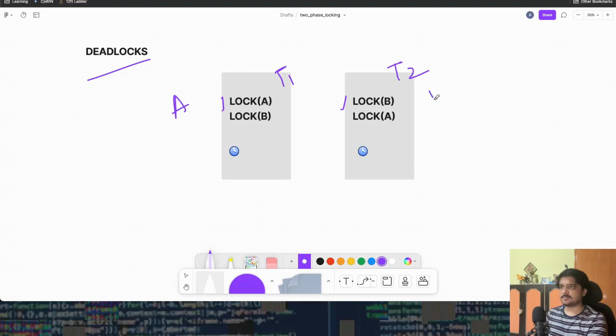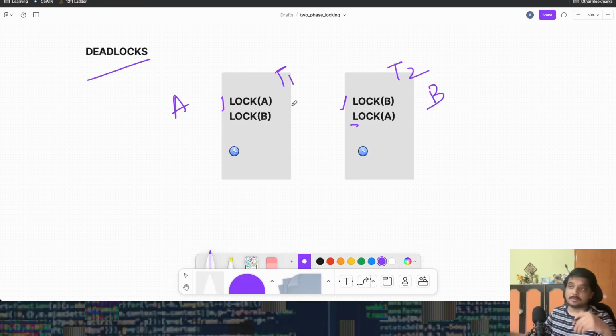So T1 gets A, T2 gets B. Now T1 asks for B, but T2 has B. It cannot get it right now. T2 has to release it first. Now T2 also asks for A. It cannot get it because T1 has it. Now both the transactions are stuck and our database is dead.